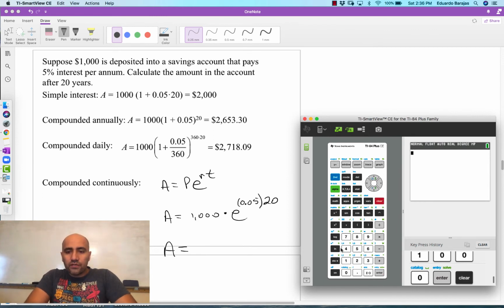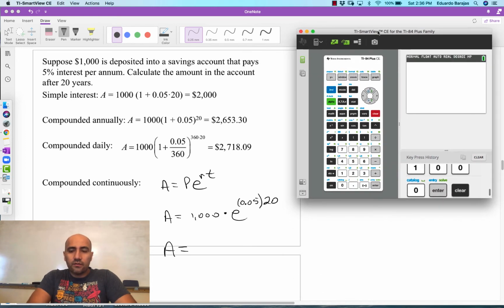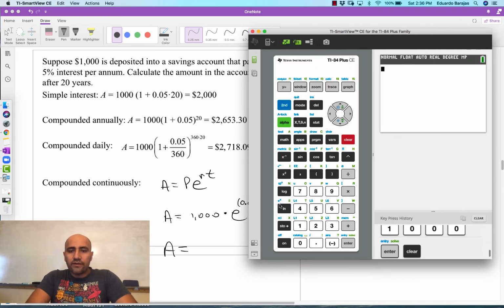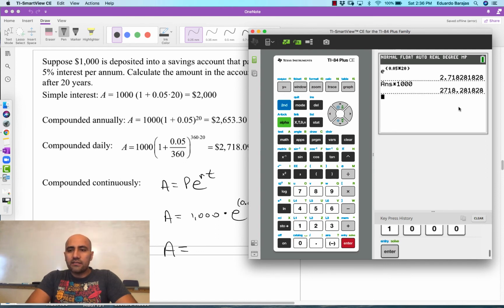We want to use this button right over here that has e to the power of. So we want to use that, second, e to the power of, and it's 0.05 times 20 up in the exponent. Enter. So we get that times 1,000. We get 2,718.30.